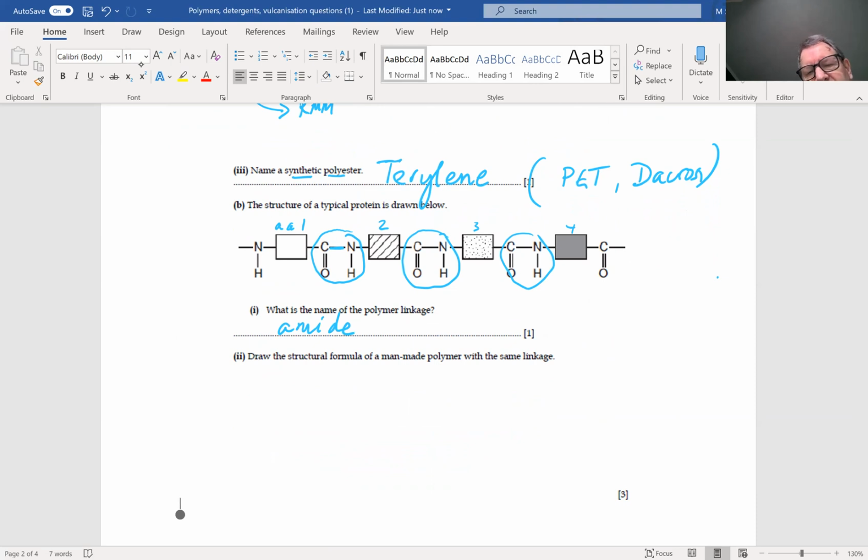Now, my students who find this very difficult to remember, you just have to remember that there are two types of fibers that they ask you about. There's the polyesters, like terylene above, and then there's polyamides. This is a polyamide. Polyamides are things like nylon and so on. Still clothing materials, terylene, nylon, but this is polyamide.